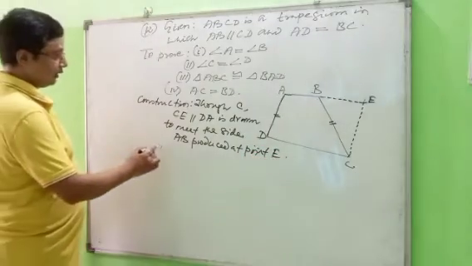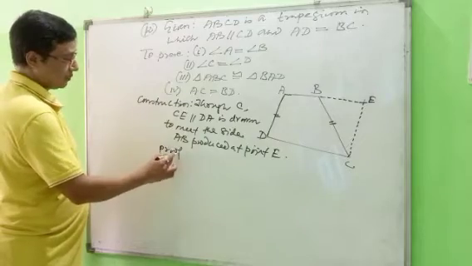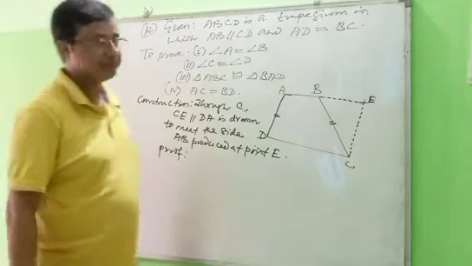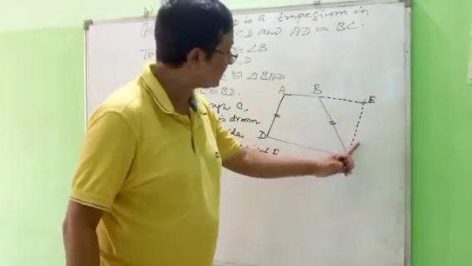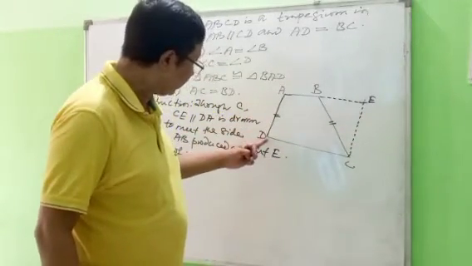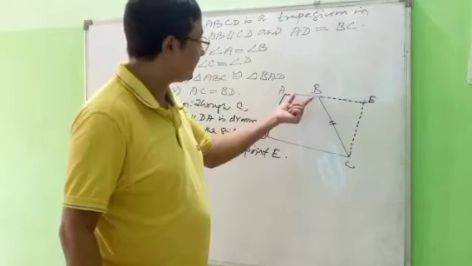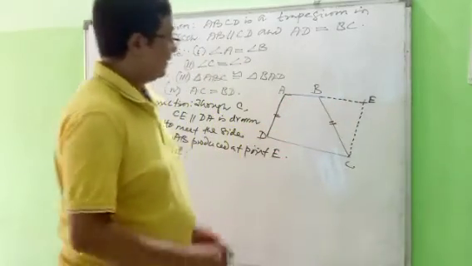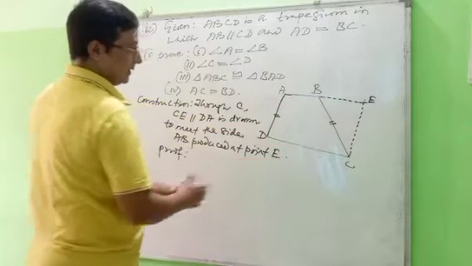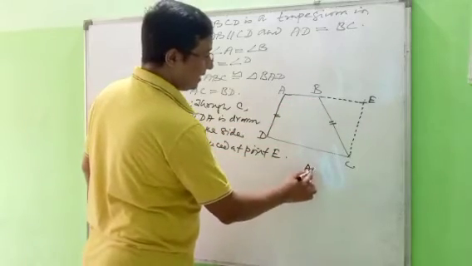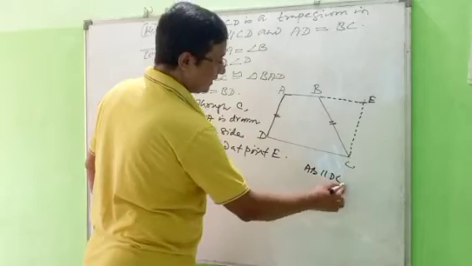Here now comes the proof. Let me tell again that through this point C, you have drawn this line parallel to AD, such that it will meet the side AB produced at E. Now they have given that AB is parallel to DC.